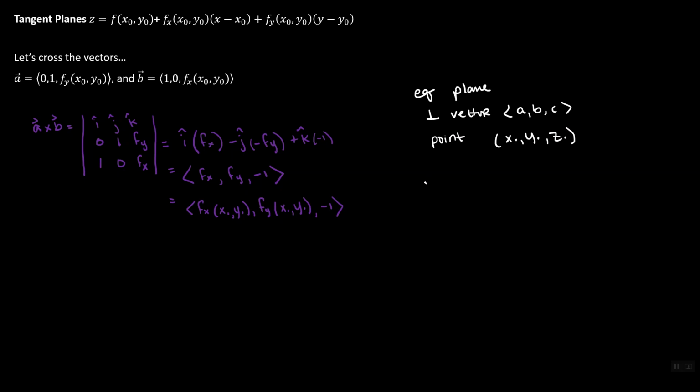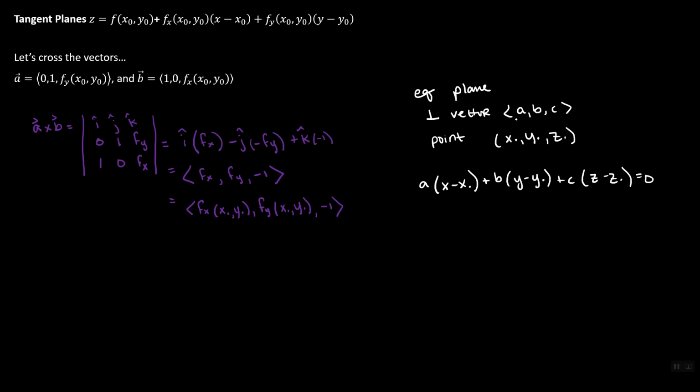And then if we have those two things, we can plug them into the scalar equation, which would look like A times (x minus x0) plus B times (y minus y0) plus C times (z minus z0), and that's equal to 0. So let's plug in all we've got.